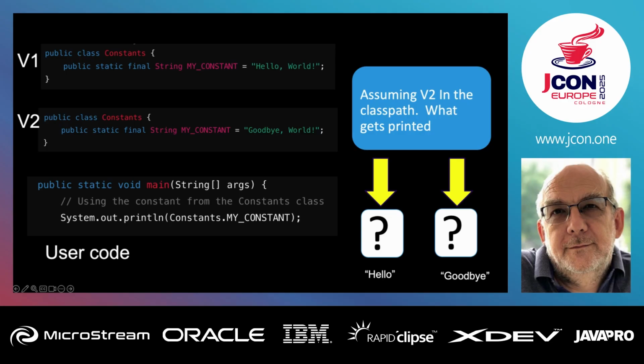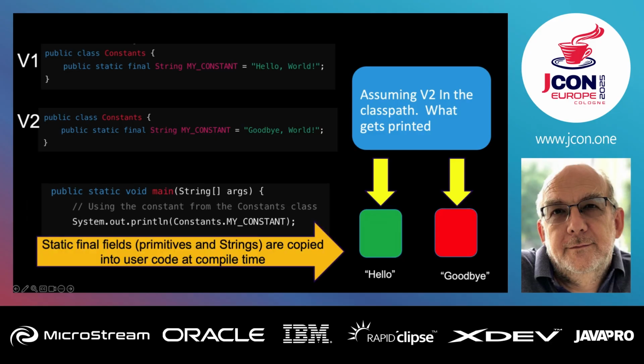Which of those two values is it going to print out when I've replaced the thing it was compiled against, version 1, with version 2? Who thinks it will print out the new version, goodbye? Excellent. Who thinks it'll print out the old version? A few of you. It will print out hello.